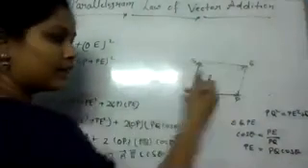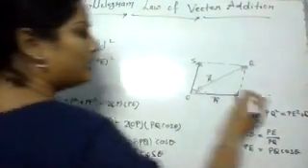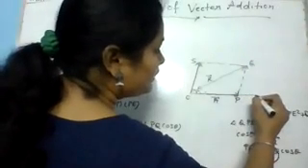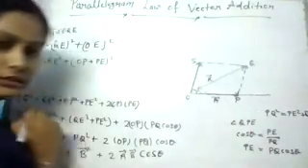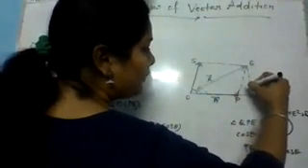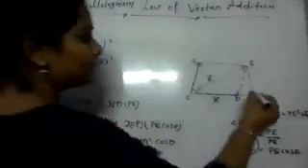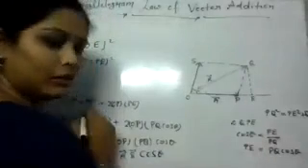Now you can see this is a kind of parallelogram, right? Now we will extend this line forward and draw a perpendicular from Q. So this is your perpendicular.